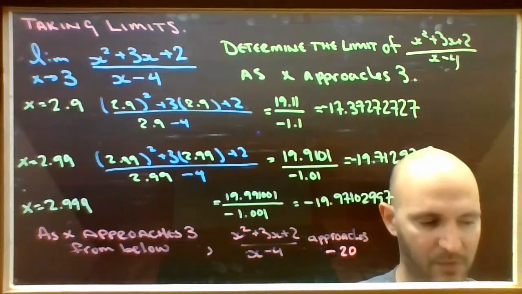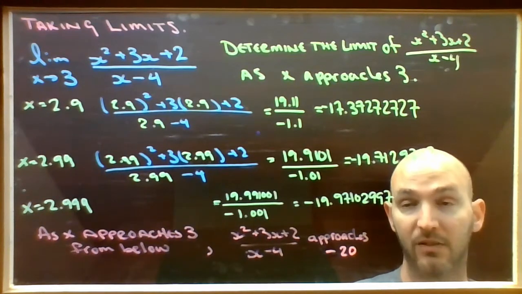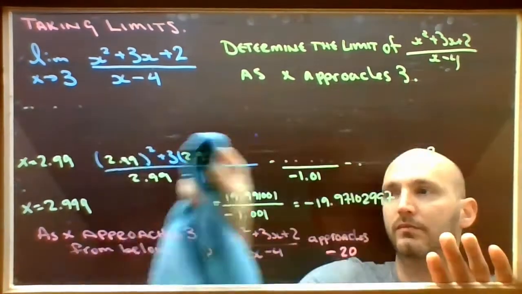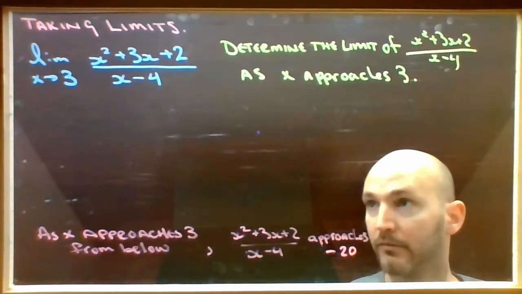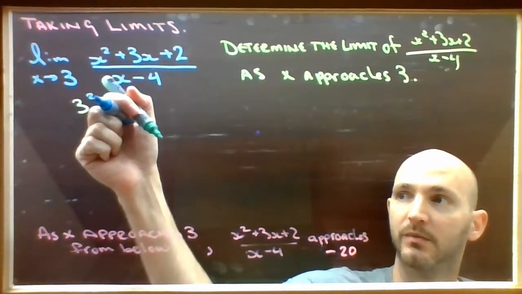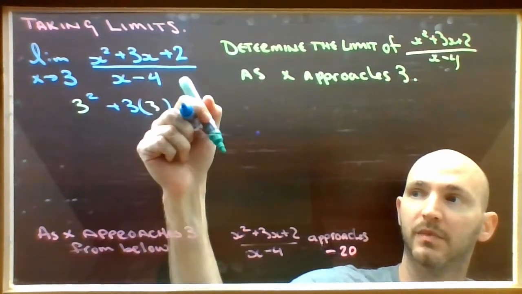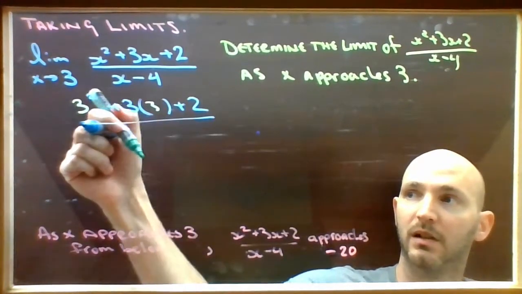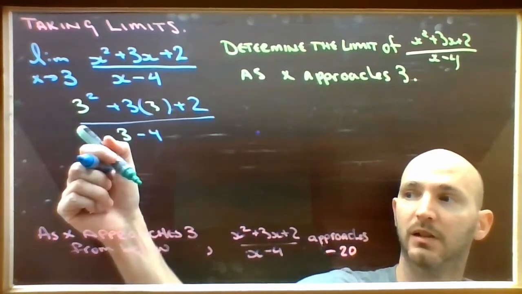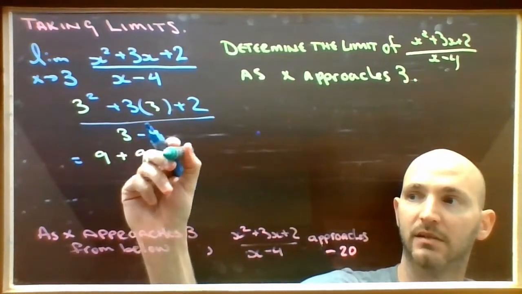In the last example, we did pull a dirty trick of just dropping the 3 into the pattern. So I'm going to do that, and we'll see what I get. If I just use 3 squared plus 3 times 3 plus 2 over 3 minus 4, well, 3 squared is 9. 3 times 3 is 9.